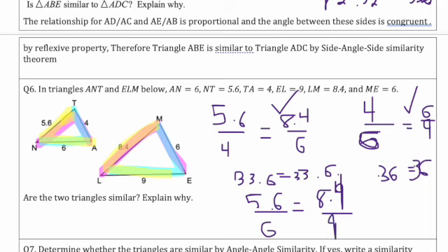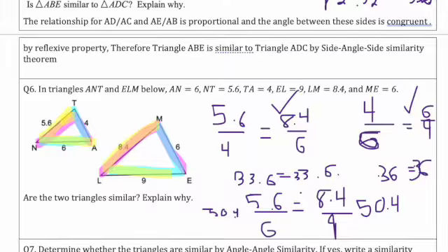Okay, and then we have 5.6 times 9 equals 50.4. And 8.4 times 6, sorry, I misspoke. 8.4 times 6 equals 50.4. And remember, this is supposed to be a 4, not a 9.